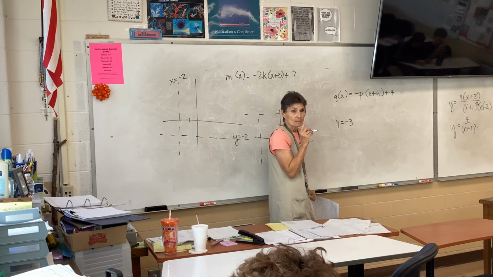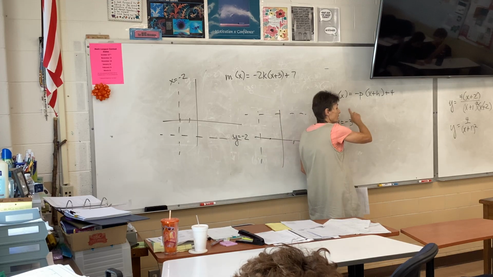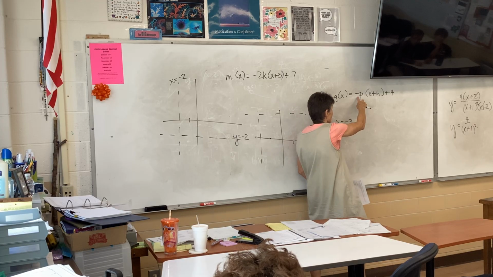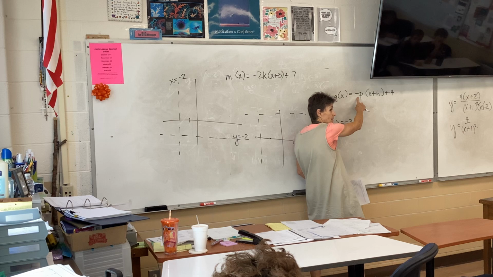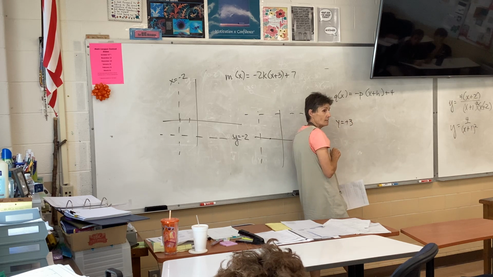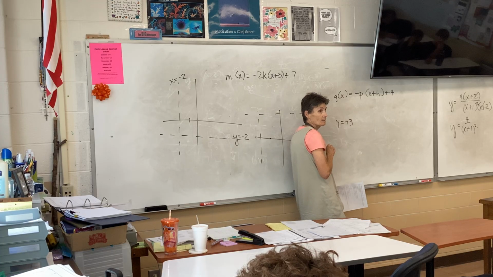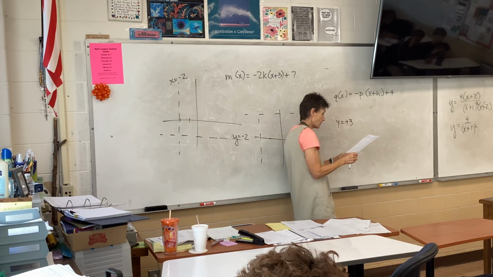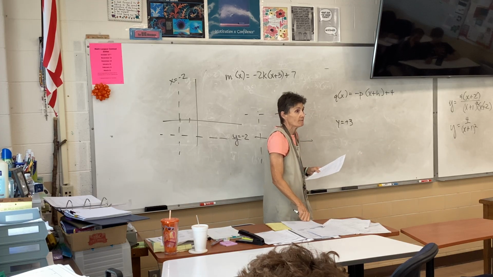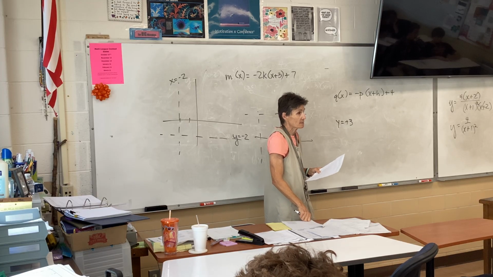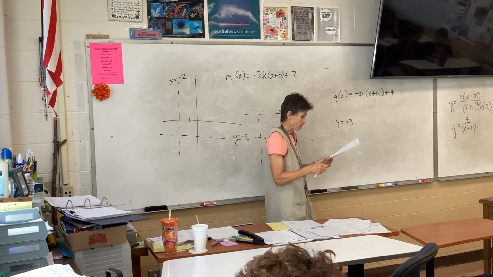Now, which of these numbers are going to impact a horizontal asymptote? +4. That's going to become now +3, and that's going to move it up 4. So is it going to have a horizontal asymptote at 7? It sure is. That's where it's going to end up. It's going to end up at 7, so that's always true.